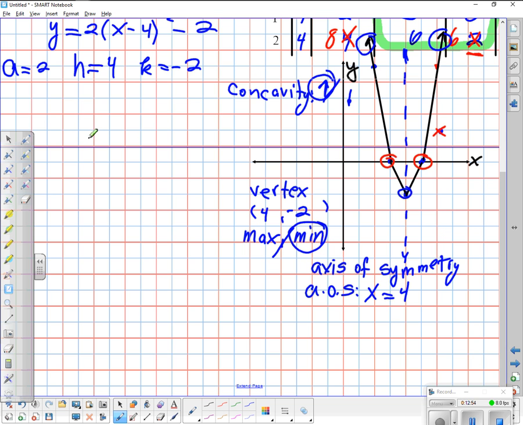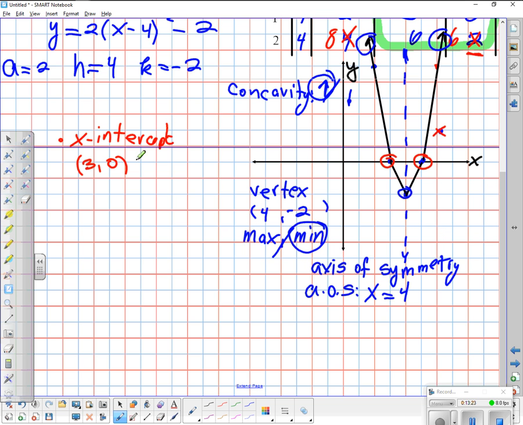Now, these points, they're very, very special. They have many names. One of them is the x-intercept, meaning the place where the parabola crosses the x-axis. And the x-intercept in this case will be x is 3, the point 3 comma 0. You go 1, 2, 3 on the x and then 0 on the y.